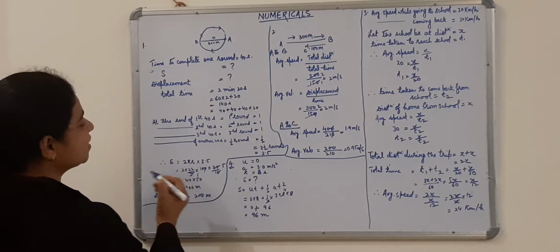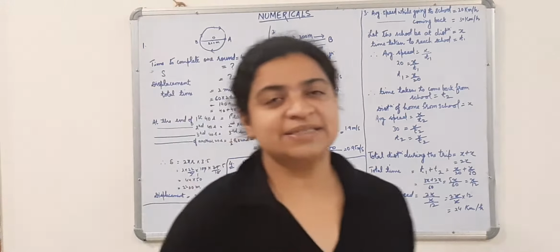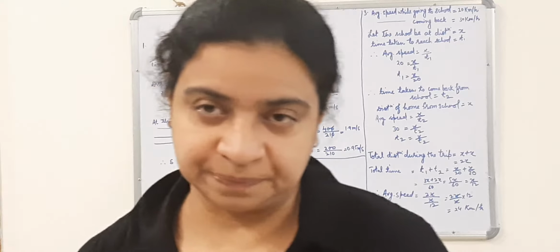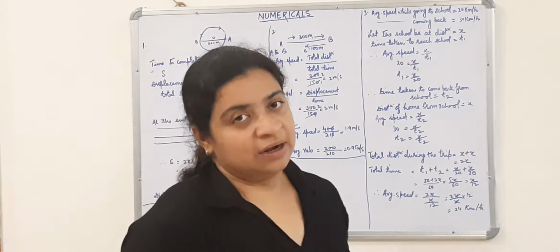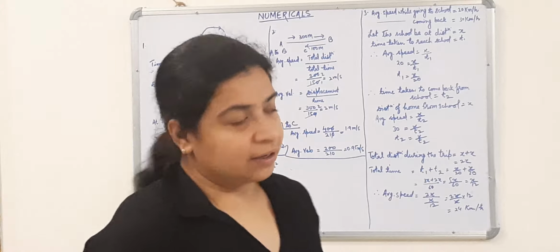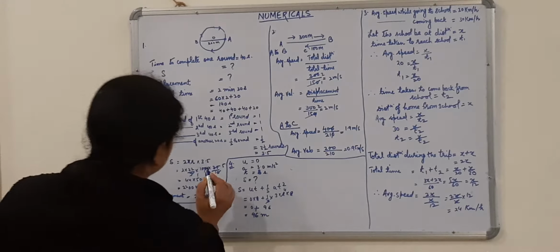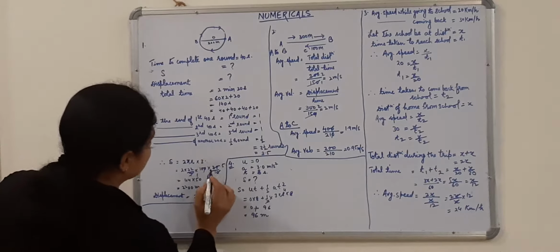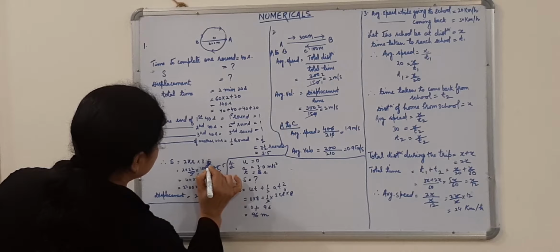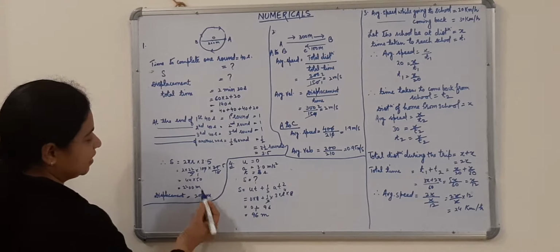So for the total distance covered by the athlete, we know that distance in case of a circular track is equal to 2 pi r, the circumference. 2 pi r is one round, and it has covered 3.5 rounds. So 2 pi r into 3.5 gives the distance.